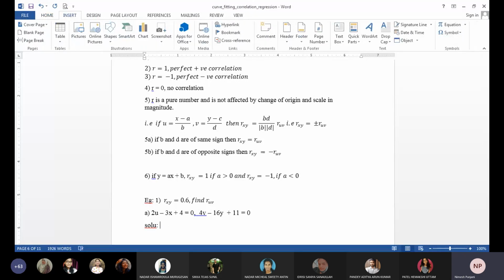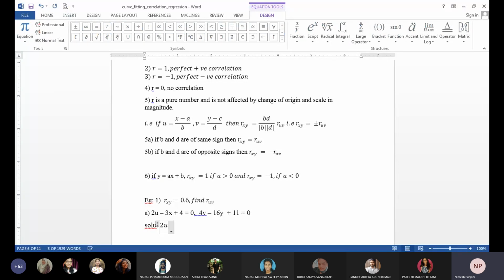The first equation, 2u minus 3x plus 4 equals 0, implies u will be (3x minus 4) divided by 2.